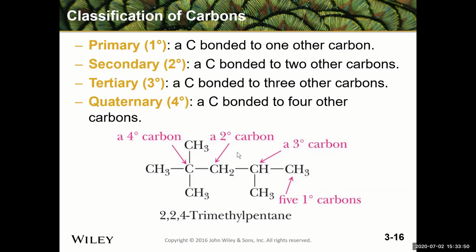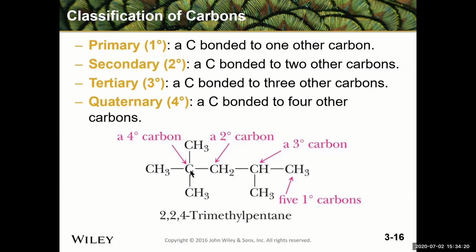Now a tertiary carbon is a carbon that's bonded to three other carbon atoms. So this carbon here is bonded to this carbon, this methyl group, this secondary carbon atom, and then this methyl group here. So it's a tertiary carbon atom. And finally, a quaternary carbon atom is a carbon atom bonded to four other carbon atoms.